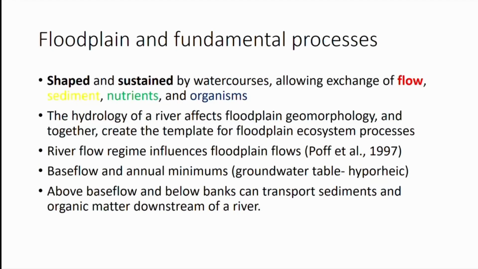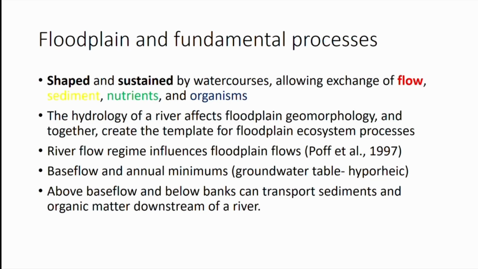The flow regime of a river influences the flow within the floodplain in so many ways. When we talk about the flow regime, we are referring to the magnitude of flow, the duration, frequency, timing, and residence time. All those characterize the flow regime of a river, the hydrology.